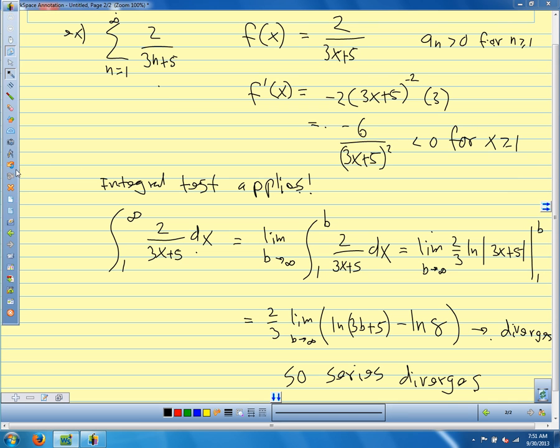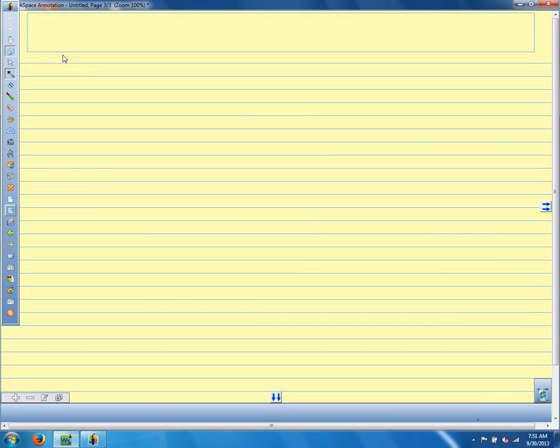All right, let's look at another example. Often the difficult thing with the integral test is evaluating the integral. Sum n equals 1 to infinity, n over n to the 4th plus 1.